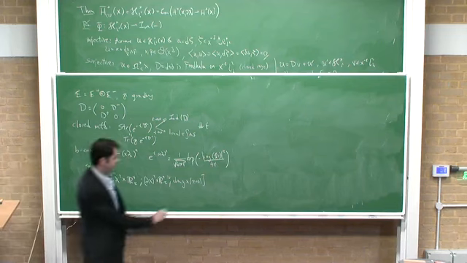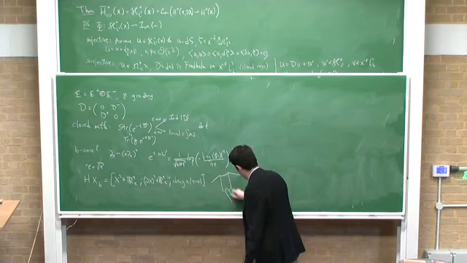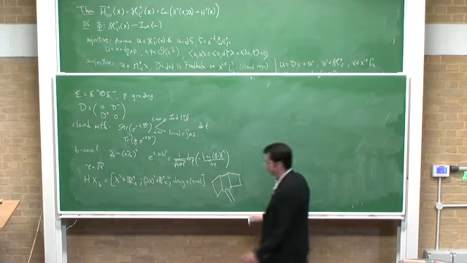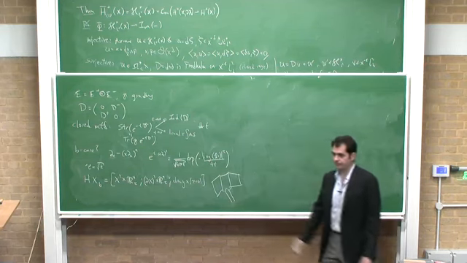So what this looks like is this manifold with corners, where you have time, x, and x prime.